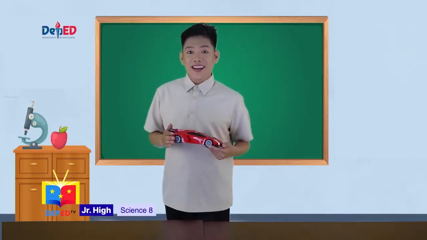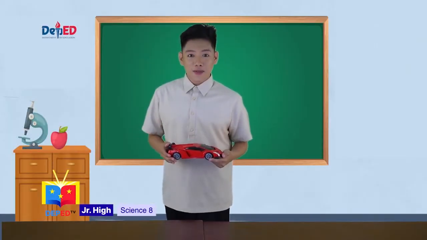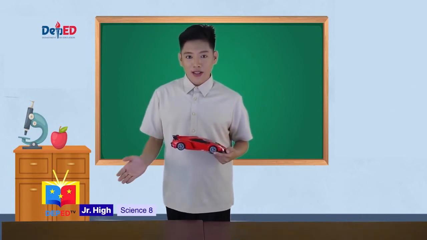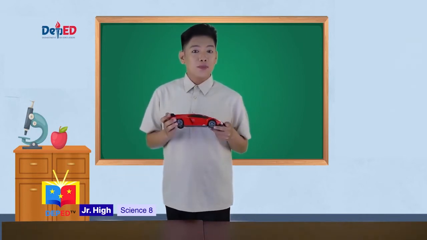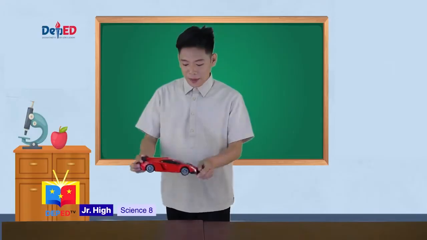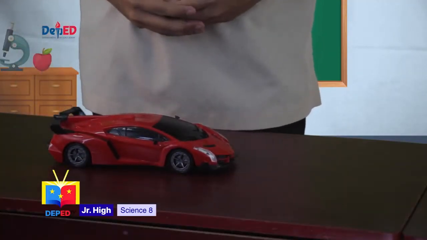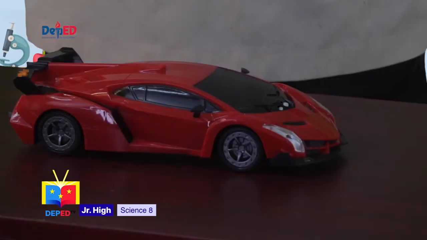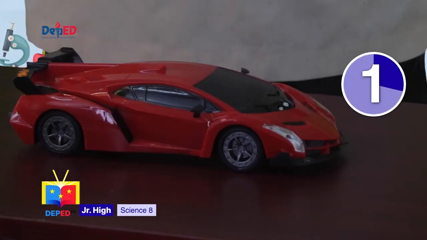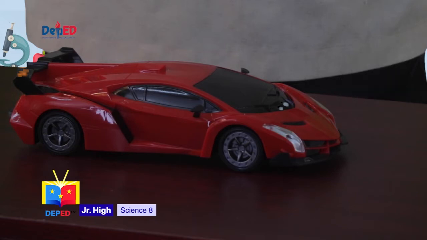For better understanding, let's do some experiment. I have here a table and a toy car. I'm going to put the toy car on top of the table. Look closely. Do you see any movement? Obviously, none.